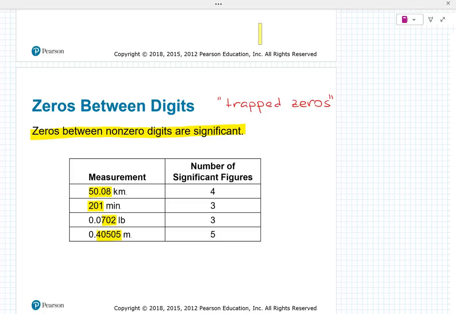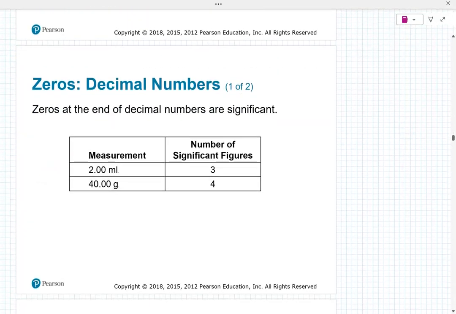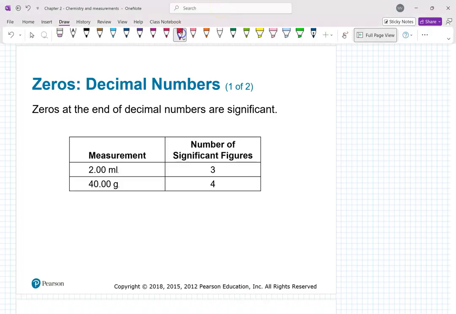And it's always significant. There's no situation in which it isn't. I would slightly rephrase this statement to give you better logic about it. Hear me out. So zeros at the end of a decimal number.